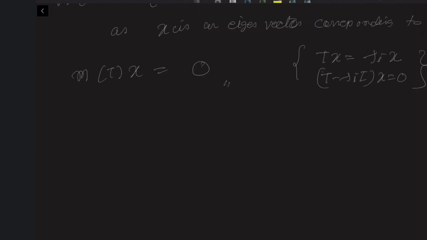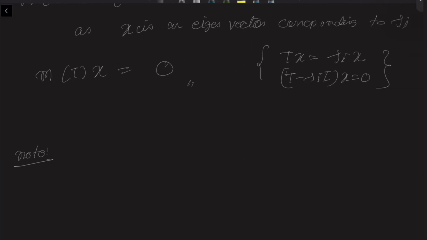Now just a simple note. This is something I think you already know, but I want to emphasize that A can be a matrix with entries as polynomials.